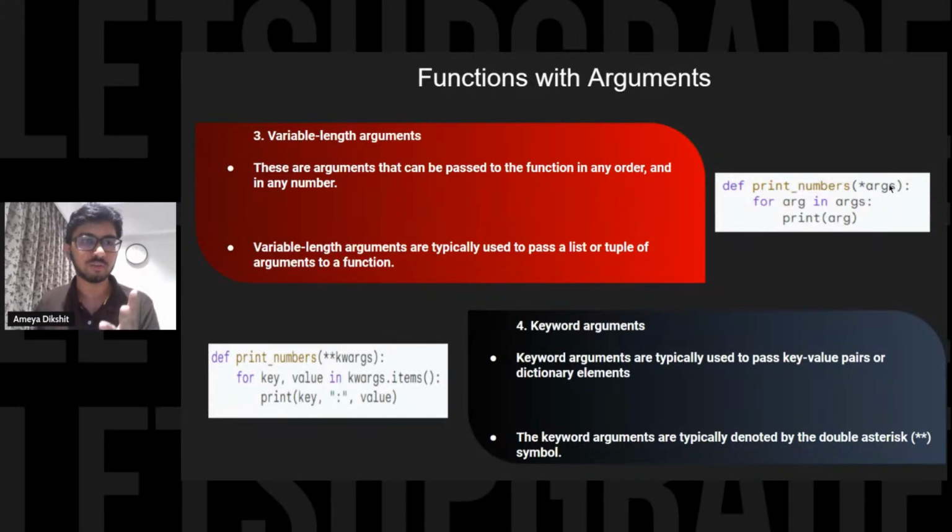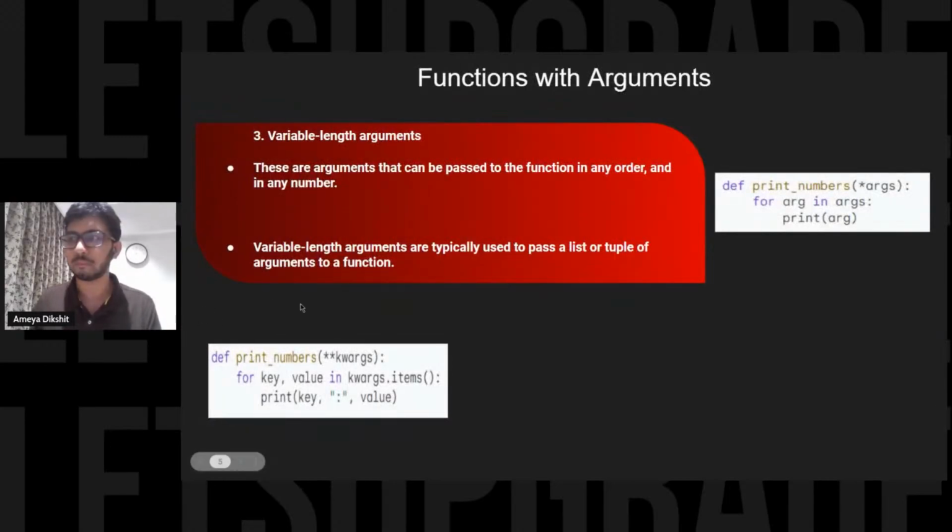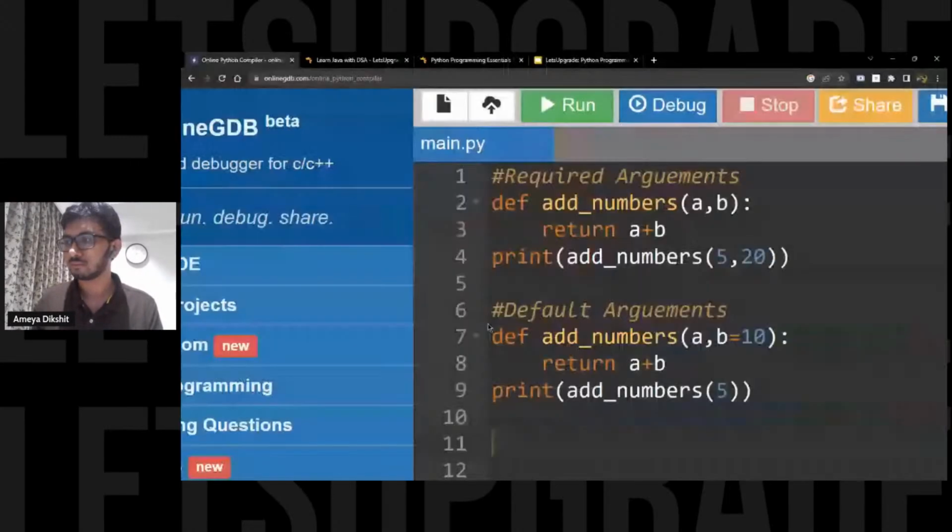Here, instead of defining 5 variables, I will define only a single variable, but I will add a star mark before that. I know that you might not have understood how this works, so we will see it with the help of an example.